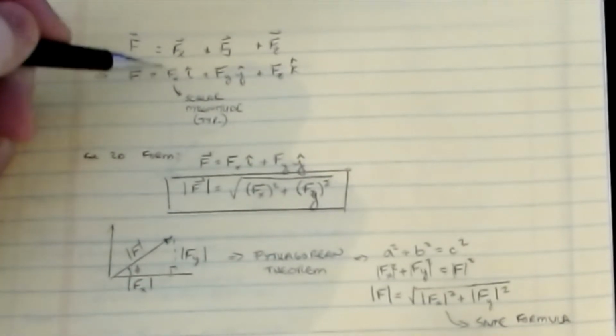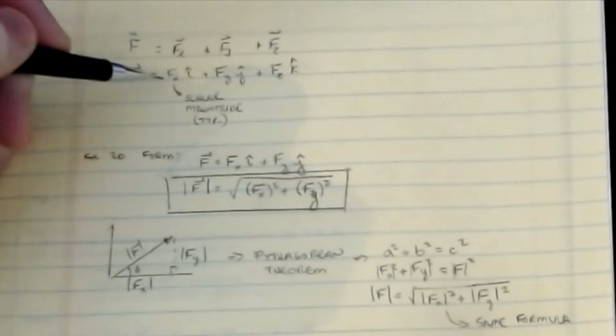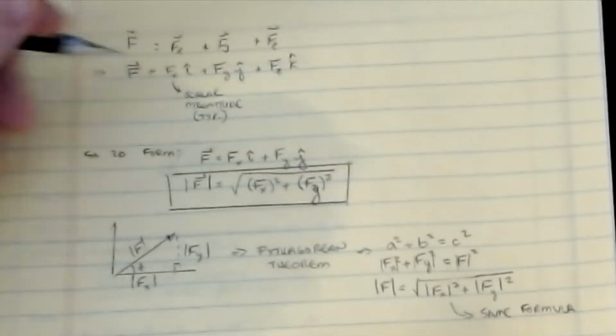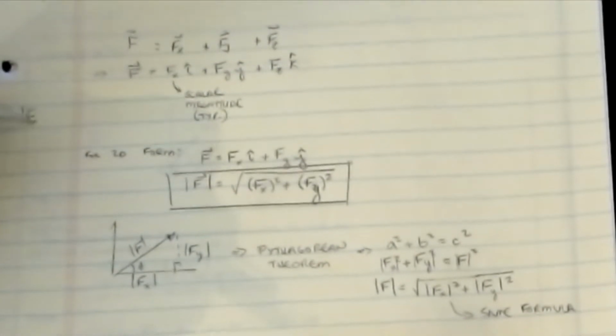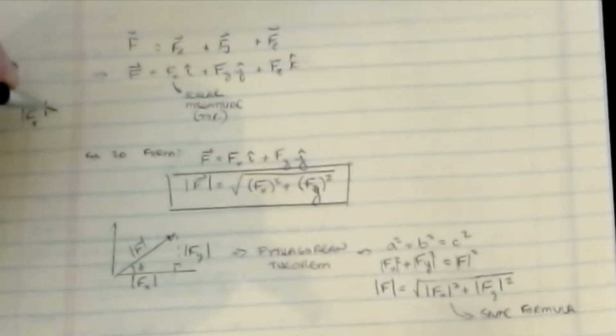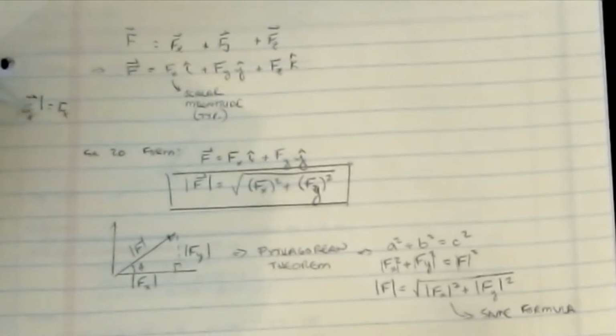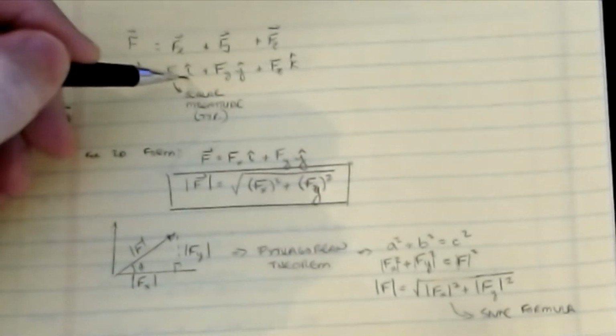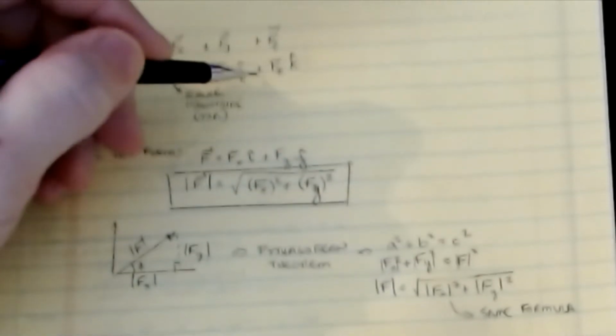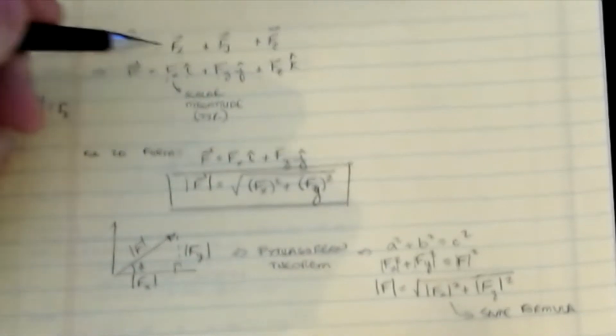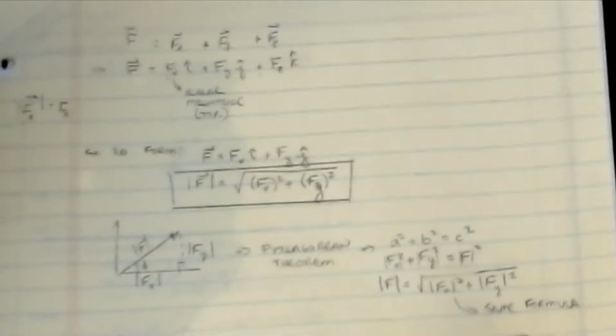Because my camera's a little bit fuzzy today, I've kind of cheated and said that the Fx magnitude is just Fx. I mentioned in one of the earlier videos that eventually I would slip into this notation. This is getting into it a little earlier, but it's the same thing. I'm not worried about the bolds or the italics, but if you see this, this is what I'm talking about. So this is the magnitude of Fx times i, plus the magnitude of Fy times j, plus the magnitude of Fz times k. It's just substituting in those three formulas that we had.